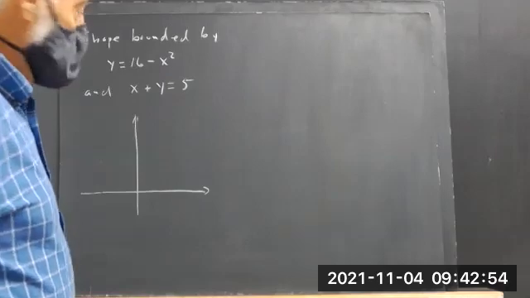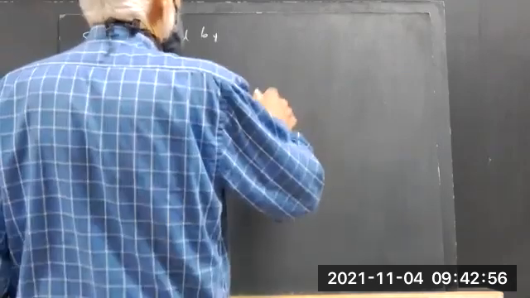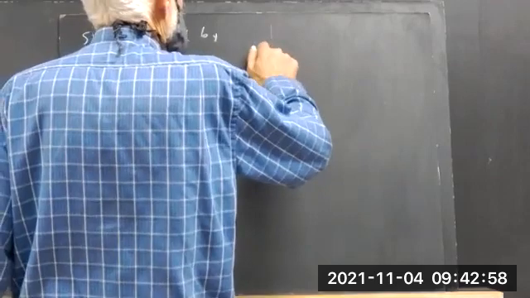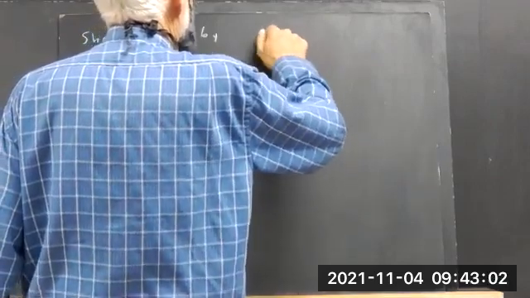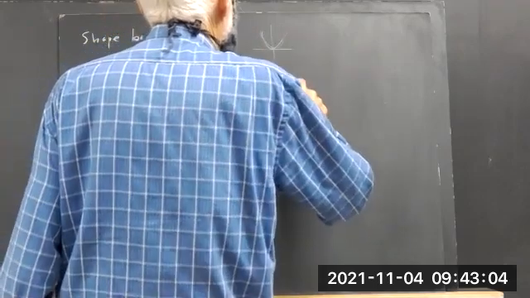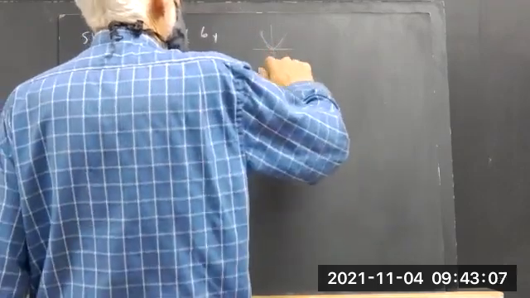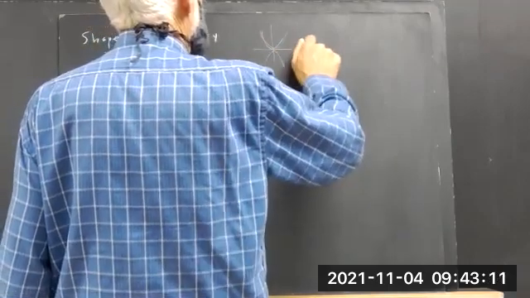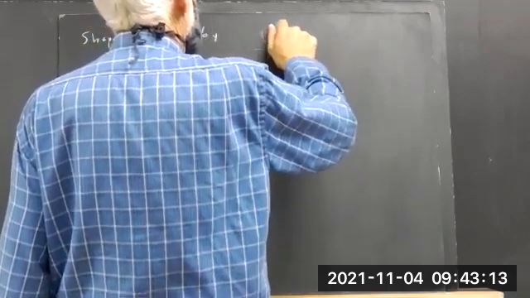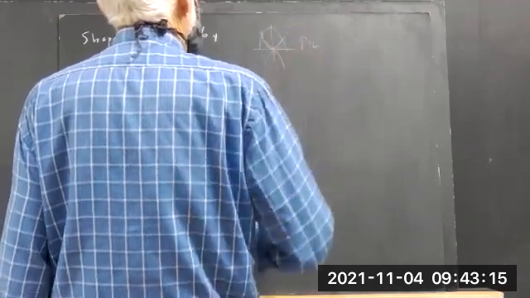So I'll just draw it real quick. Got this basic y equals x squared parabola. I can draw very well. And you turn it upside down. And then you raise it up 16 units. And there you got it.